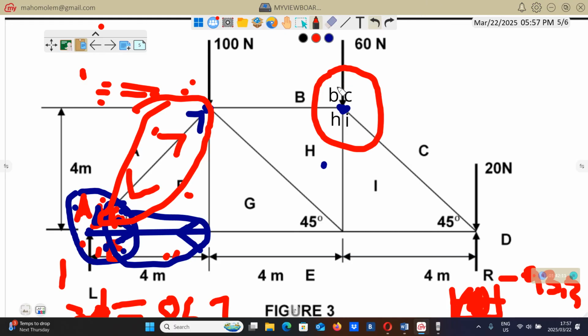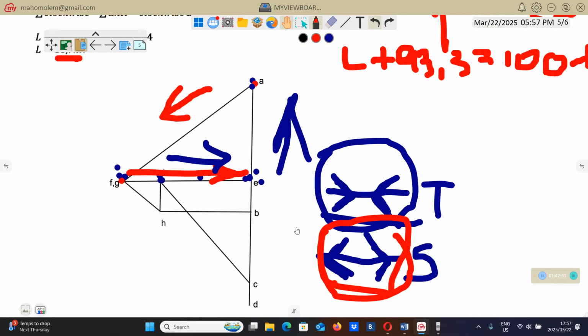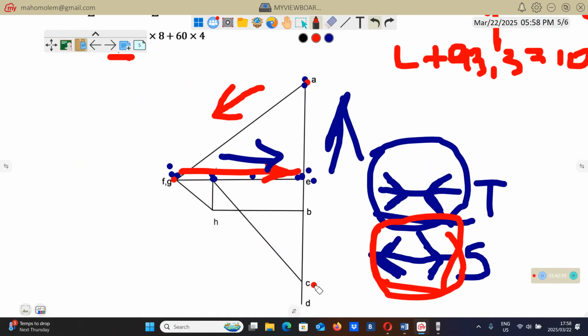Look, you can start anywhere, but where you start, make sure that you move clockwise. So if you start at C, you must come to I. Don't go from C to B, you'll be moving anti-clockwise. So from C to I, let's go to this space diagram. Check from C to I. From C, this is I, if I'm not mistaken.